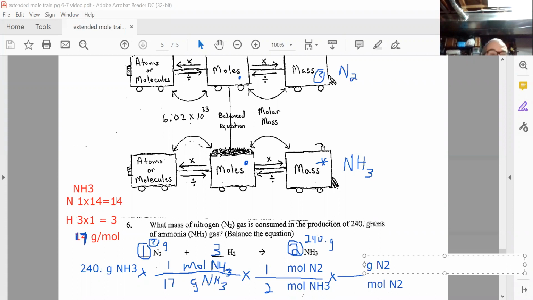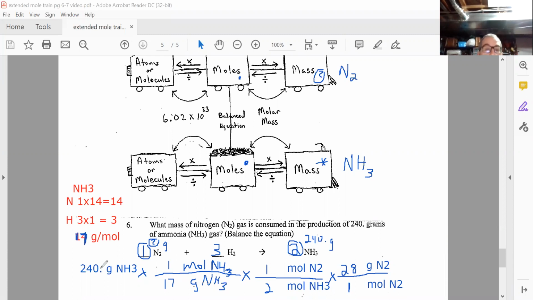Well, if N is 14, N2 would be double that, or 28. Is it 28 moles in a gram or grams in a mole? It is 28 grams in a mole. So I'm going to put the 28 on top and the 1 on the bottom. Notice how whenever we do molar mass, it is always how many grams per 1 mole. But when we do mole ratios, that number isn't always 1. It just depends on what's in the equation.